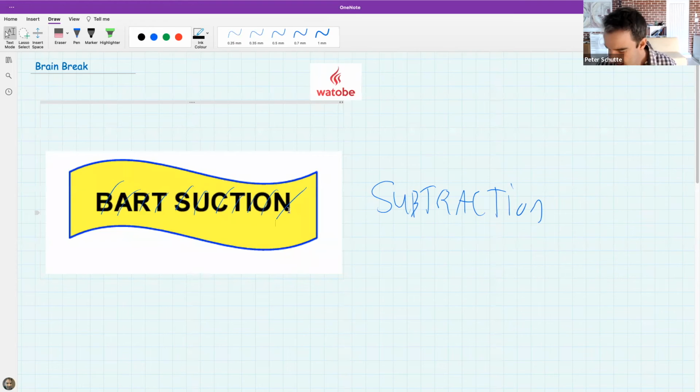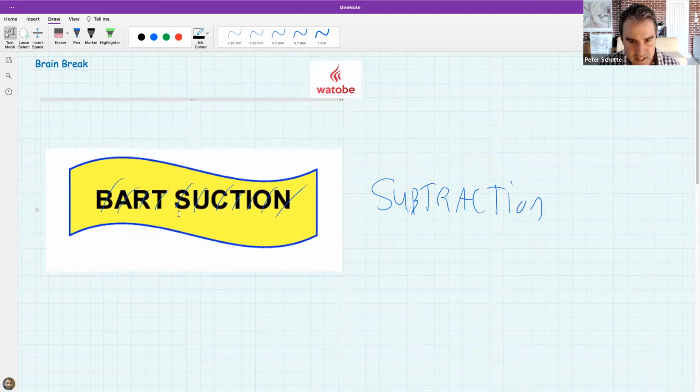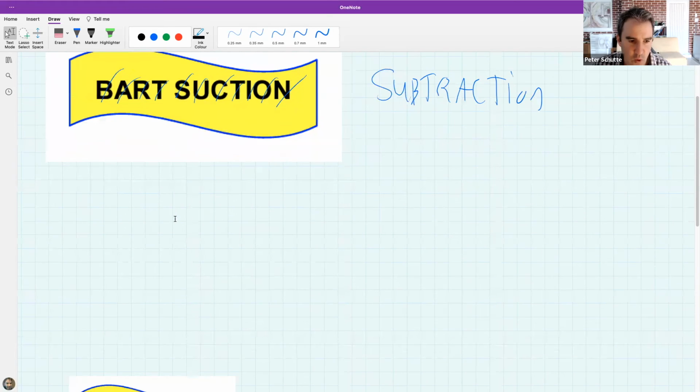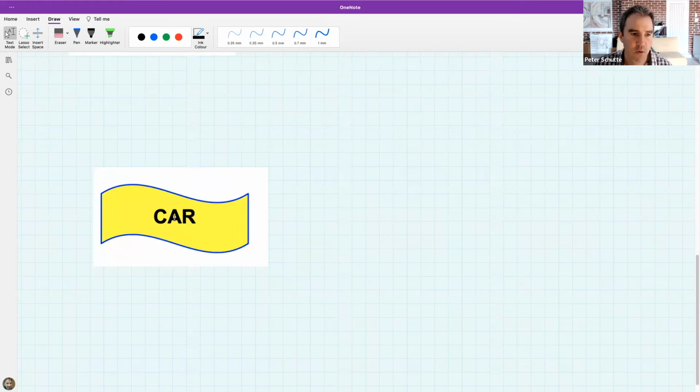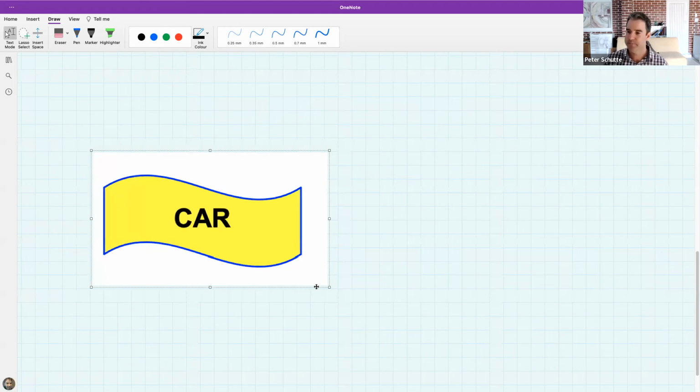Subtraction. Very nicely done, Lee. Let's do one more of these. Did everyone get that? So what you have to do is make a mathematical word using these letters. Okay. Let us do one more. I want you to tell me what mathematical word can you make from these letters?